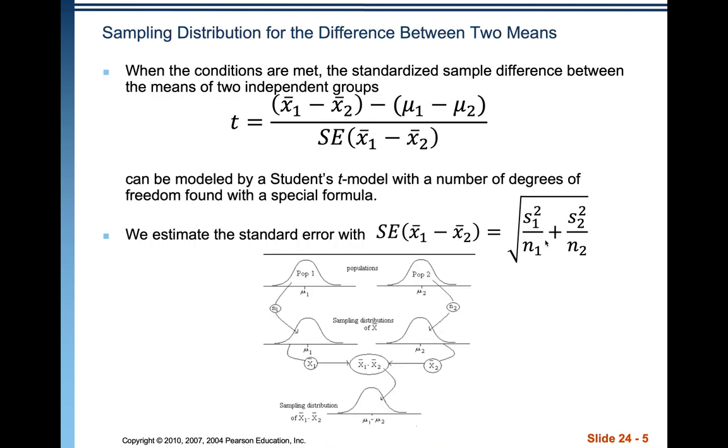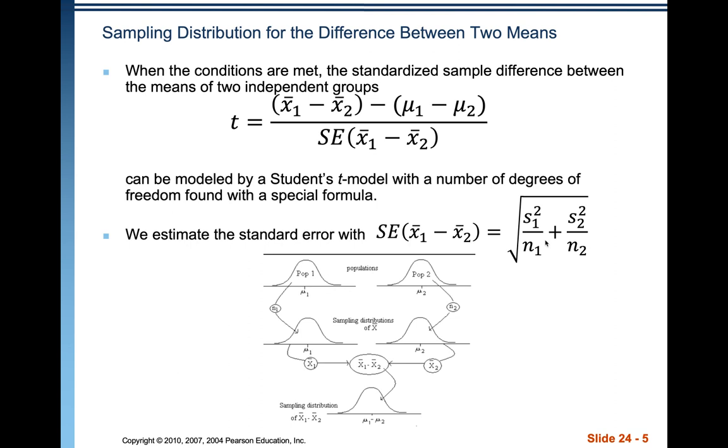All right, we have a picture here at the bottom of what's going on, just so you can conceptualize what you're seeing. We start off with two populations, population 1 and population 2. Population 1 has individual values, individual x's, if you will, that are centered around a true population mean mu1, and population 2 has a similar construct with observations centered around mu2.